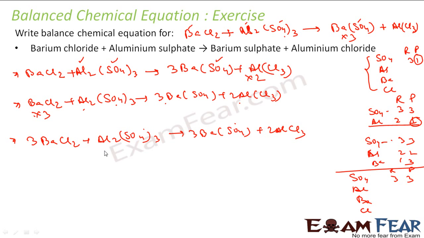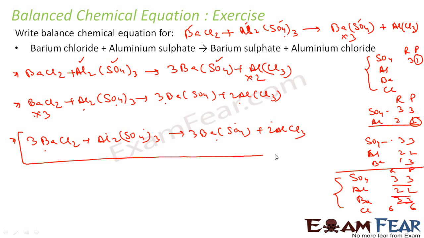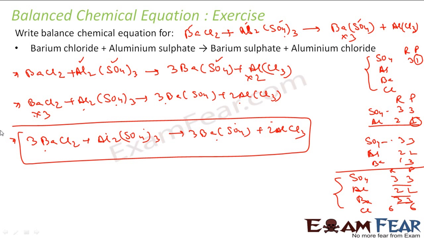Sulfate part is 3 here and 3 here. Aluminium part is 2 here and 2 here. Barium part is 3 here and 3 here. Chlorine part is 3 into 2, 6 here and 2 into 3, 6 here. So we see that they are all balanced. This guy is my balanced chemical equation.